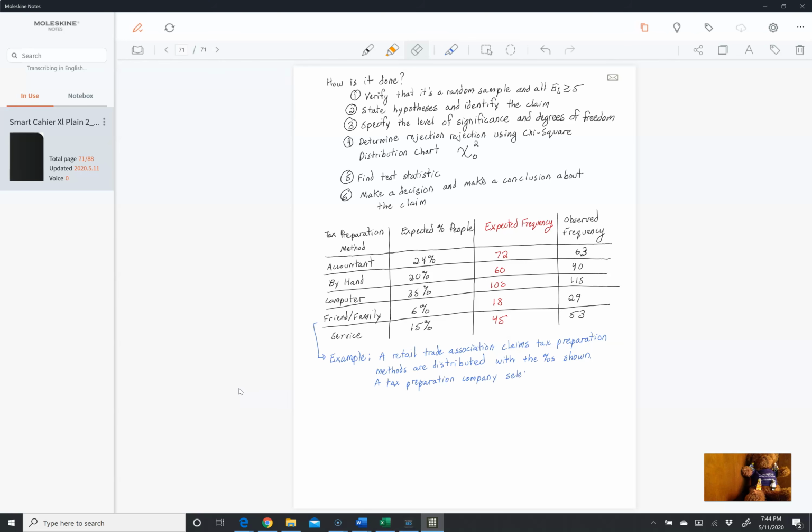selects 300 adults. So remember, when we calculated the expected frequency, we did it based on a sample size of 300. So this still holds. And this number did not come out, that's a 105. So they select 300 adults at random, so random sample.